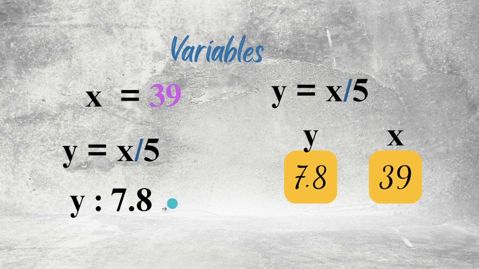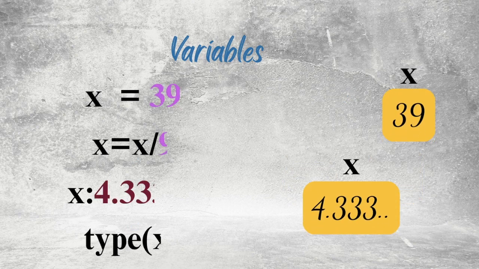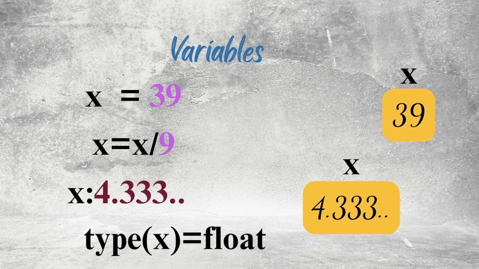Y is currently 7.8 in value. We may also reassign x and execute operations on it. The value of variable x has changed to 4.333 and so on. Like previously, the previous value of x is no longer necessary.